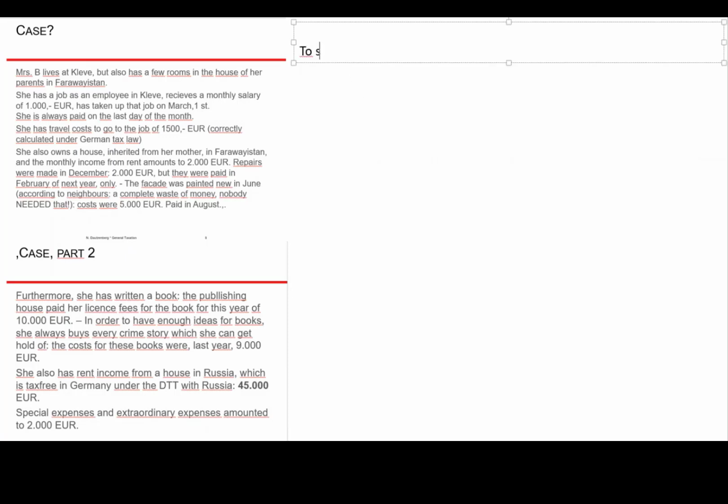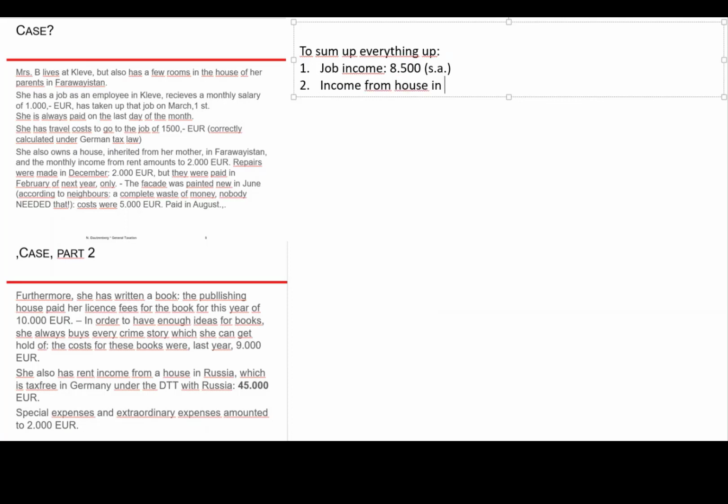So to sum everything up, we have first job income. That was 8,500, see above. Second, we have the income from house in Faroestan, and there is nothing mentioned that that house could be tax-free also under a double taxation treaty.